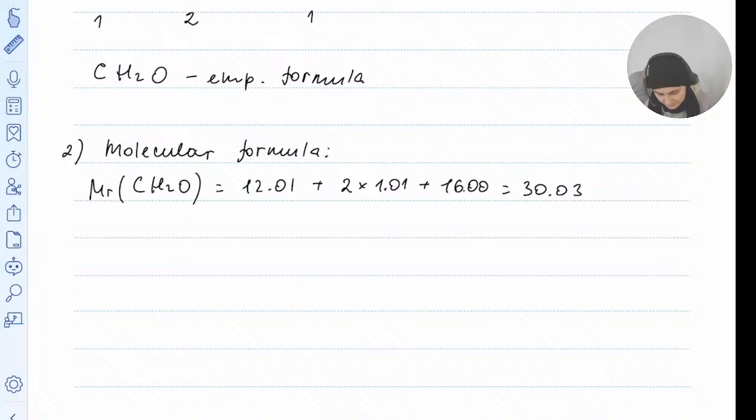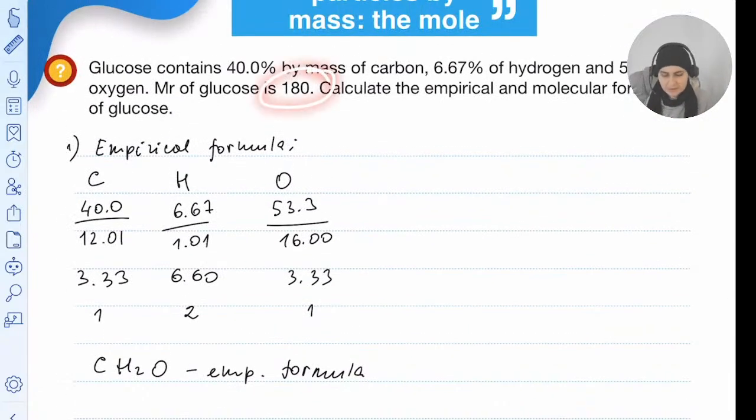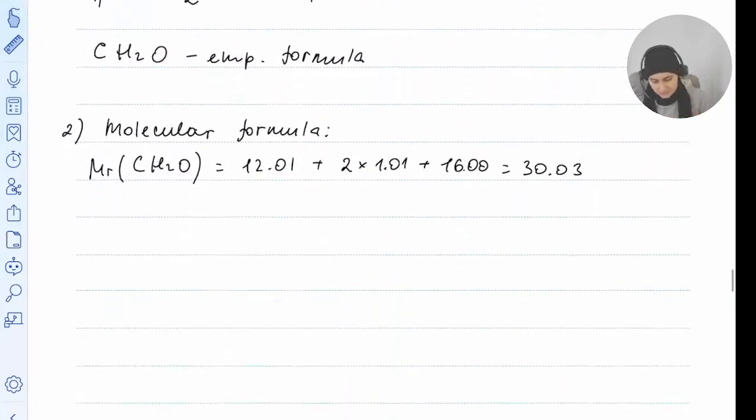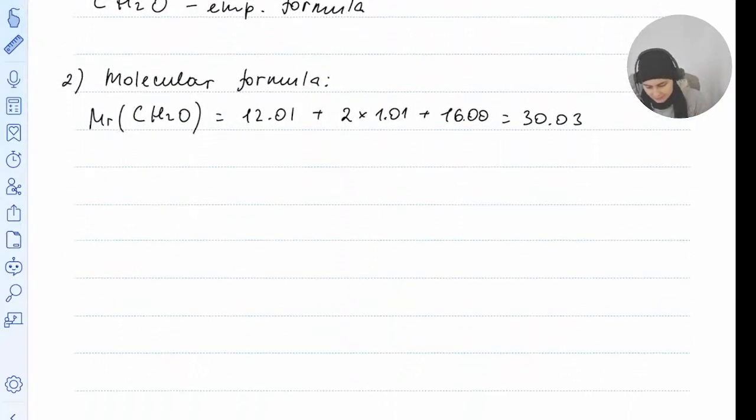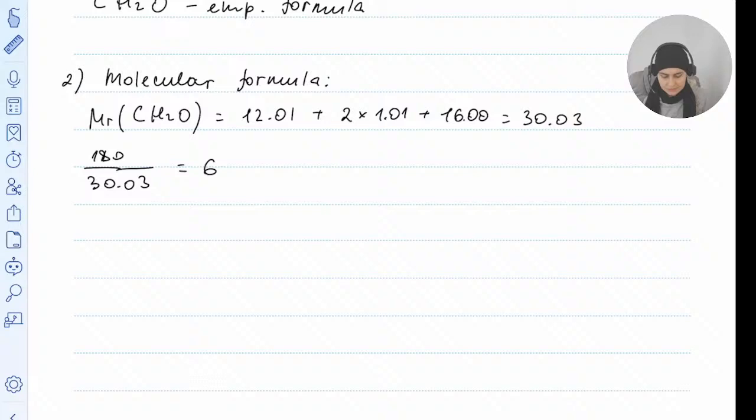So then we divide. I know that my real Mr is 180, empirical is 30, so I do 180 over 30.03. And here you have to get the whole number. It would be 5.99, which is 6. That's close enough to 6.